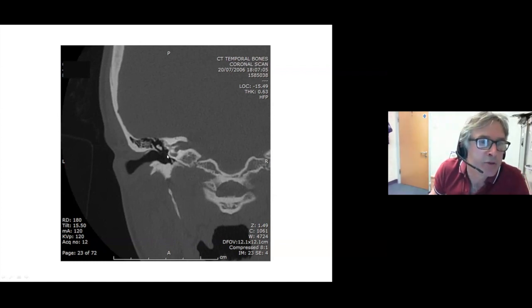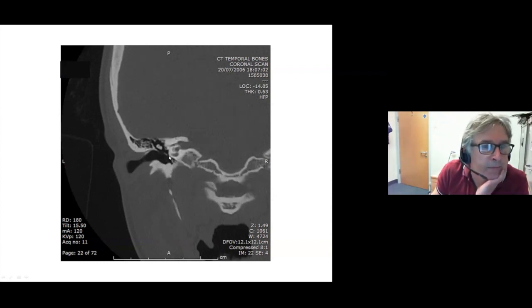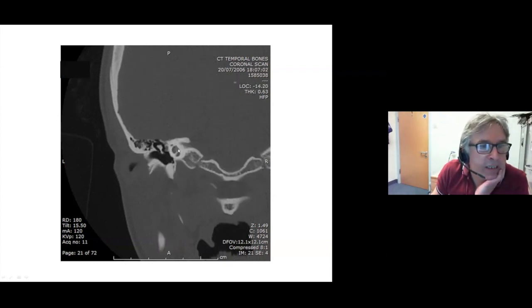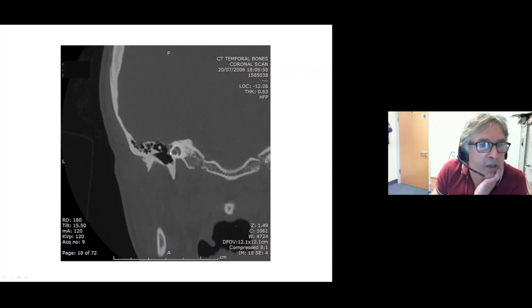On the promontory, that's where the nerves of Jacobson hang out, and that's where glomus tympanicums can occur. And then as we move further anteriorly, you can see the spiral shape very nicely. These are the inner turns. The whole cochlea should have about 2.5 turns, and these are the inner turns just here.